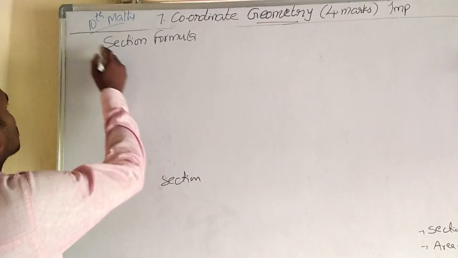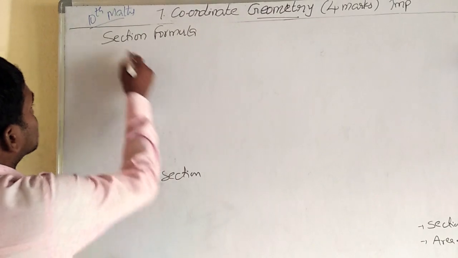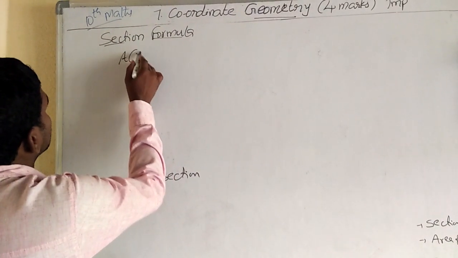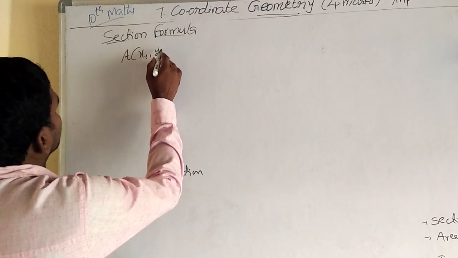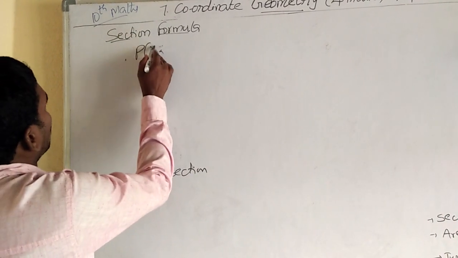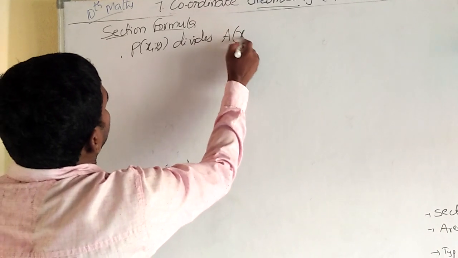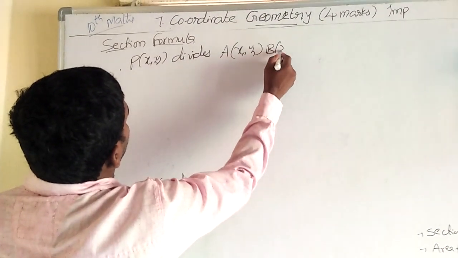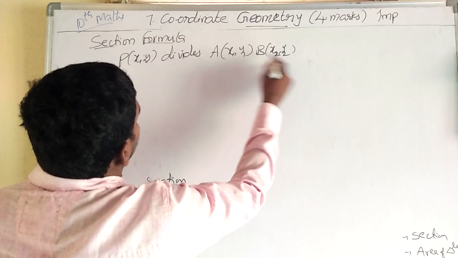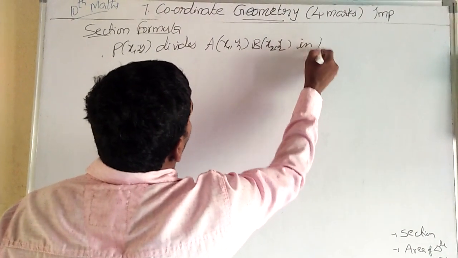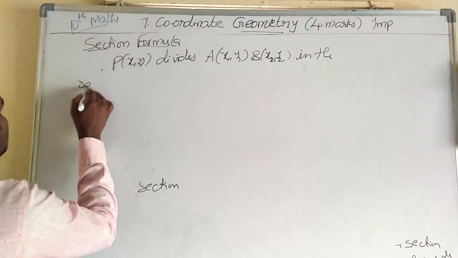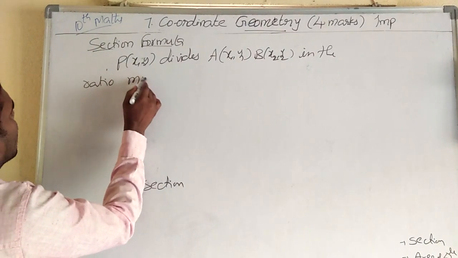Okay, let us take the first concept, section formula. Suppose P is a point x comma y which divides the line segment joining A x1 y1 and B x2 y2 in the ratio m is to n.